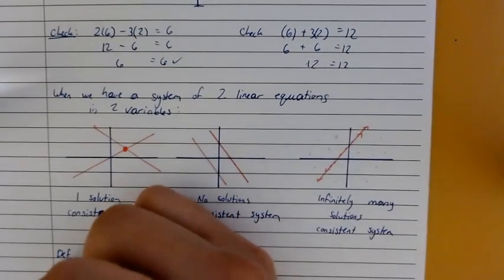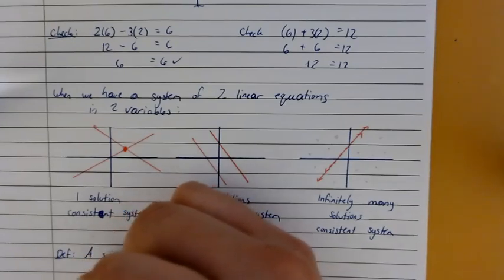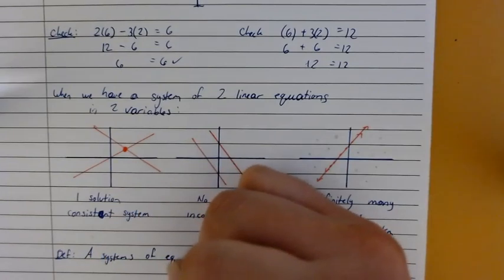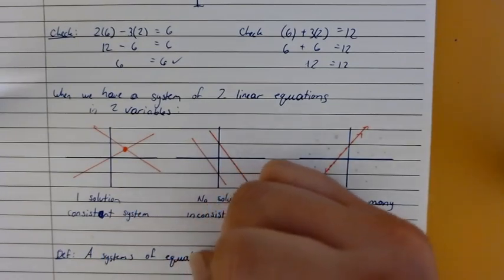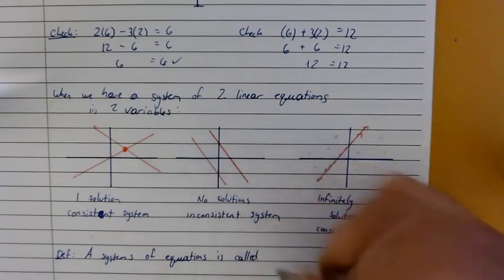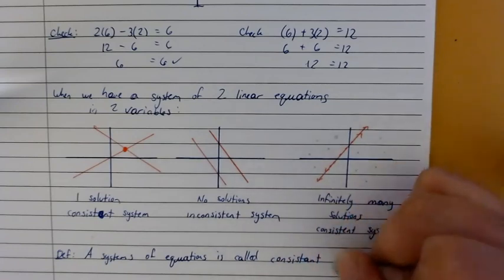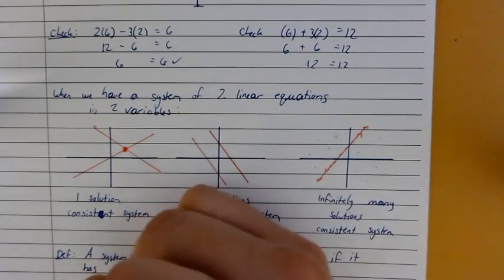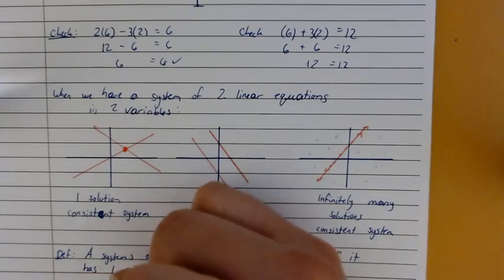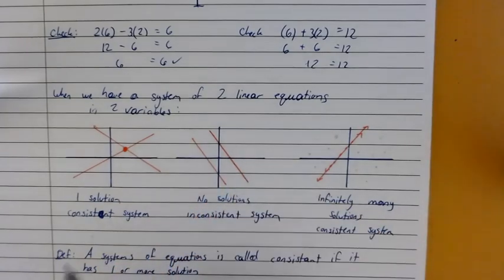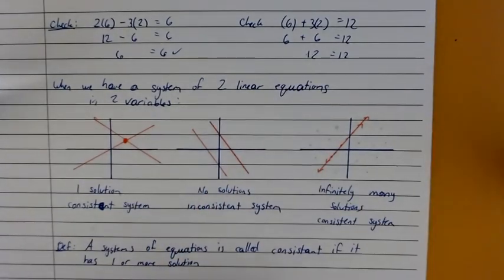So that's a definition that we need. A system of equations is called consistent if it has any solutions, if it has one or more solutions. Now you might say, why don't you just say one or infinitely many?